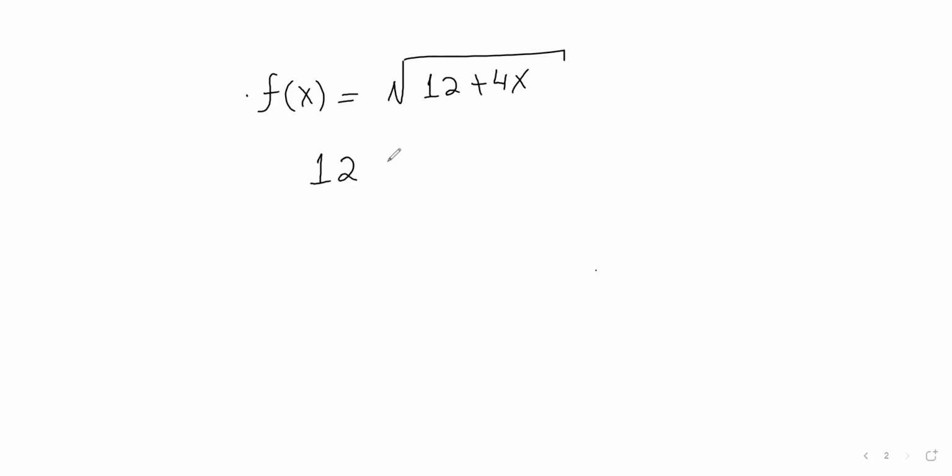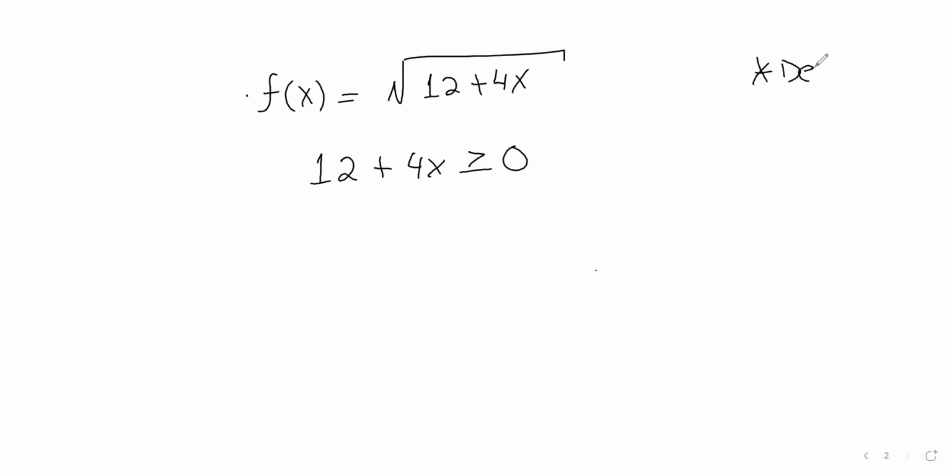Now, last time we didn't do an example containing a radical, so let's see what that looks like. Suppose we had a function defined as the square root of 12 plus 4x. Well, the rule was the radicand, the expression under the radical, must be greater than or equal to 0. So again, every time you have a radical, you use this inequality symbol.